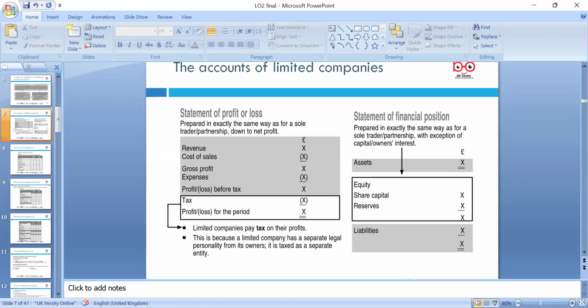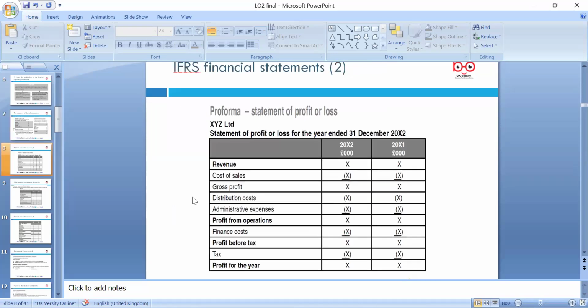We need to look at accounting for the limited company if you're using a standard, so we can look at different layouts in a minute. For sole trader and partnership, revenue, especially in the international accounting standard, cost of sales, and then a few headings: admin expense, distribution expense and all. So you look at the layout under IFRS, International Financial Reporting Standards.